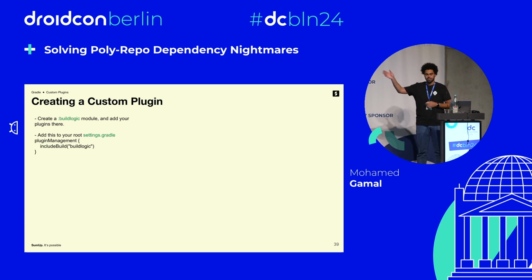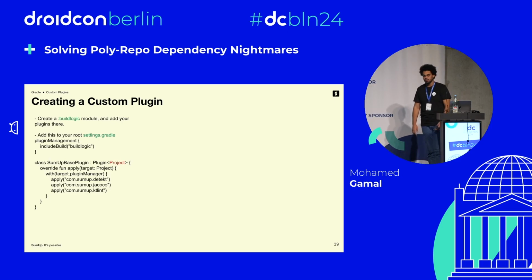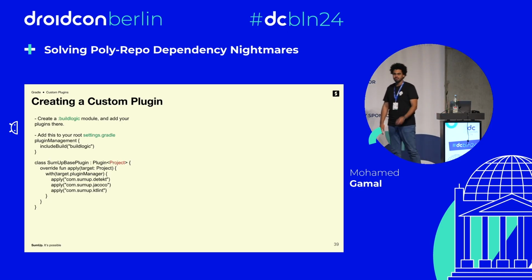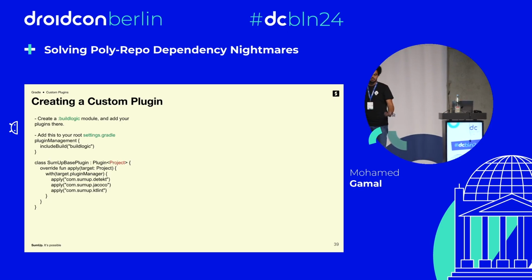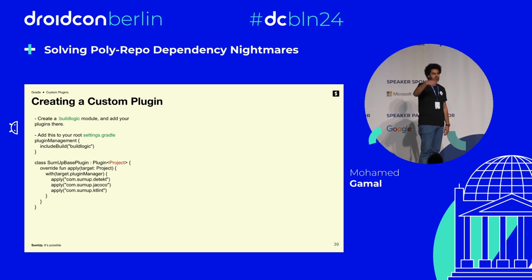Easily, you can just, in the root settings.gradle, build a new module. Let's call it, I don't know, build logic, for example. And you add it to the root settings of Gradle. You say includeBuild, because this is not just include. You need it in the build itself, before the build. And then in this module, you create a class called, I don't know, SumUpBasePlugin, for example. And you can do whatever you want there. It's a plugin of Project.